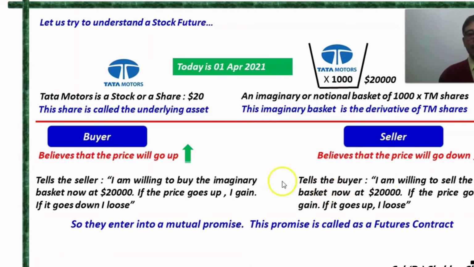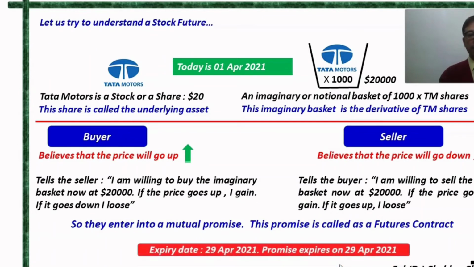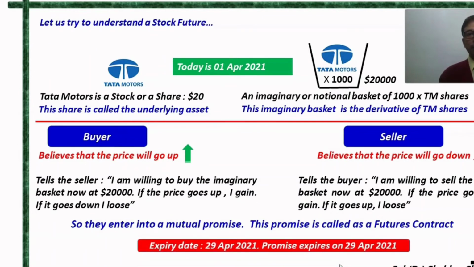See, nothing has been exchanged. This basket is only imaginary. They have just exchanged a promise, and that promise is called a futures contract. And how long will that promise remain valid? That promise remains valid till the expiry date.